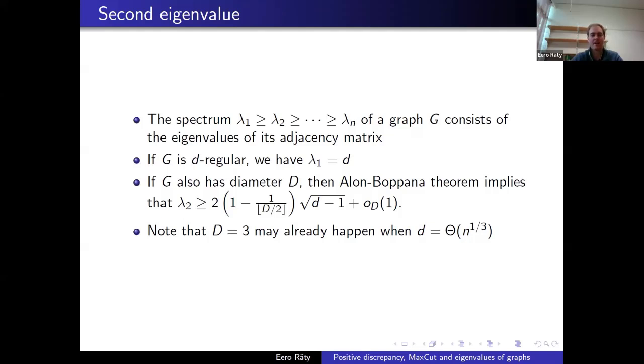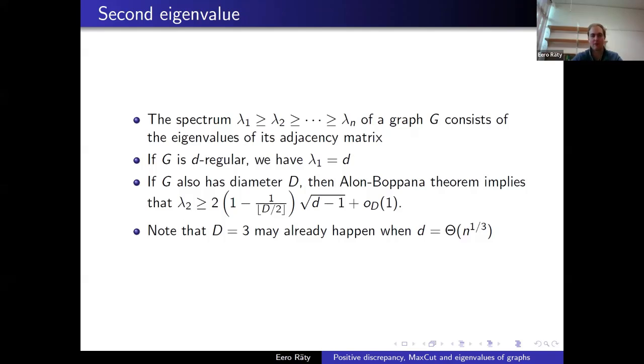Concerning the second largest eigenvalue, perhaps the most influential result is the Alon-Boppana theorem, which implies that if G has diameter D, then, provided that the diameter is not 2 or 3, lambda 2 grows like a constant times root D. We'll show some related results where we don't really care about the constant multiples, so that's not particularly important for our purposes.